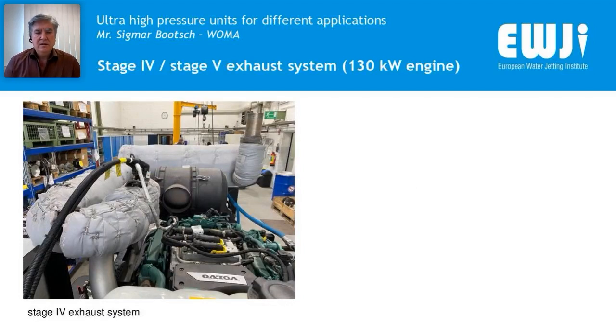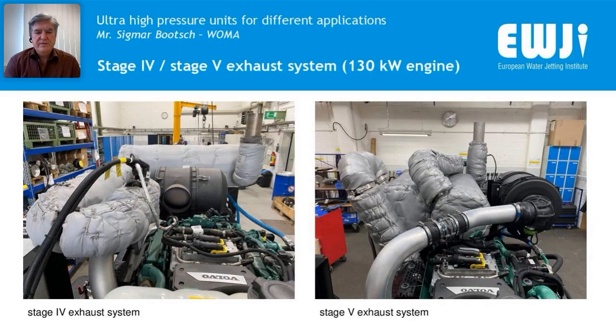As an example, you see here the exhaust system of a typical 130 kilowatt unit with stage 4 limit. To achieve the strict emission limits of stage 5, a sophisticated exhaust aftertreatment system had to be launched.